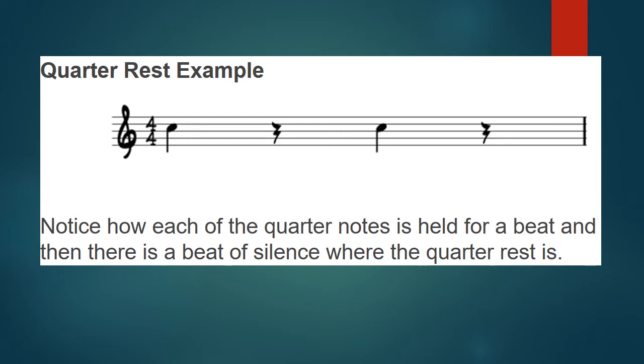Let's have a look at a simple example, a combination of quarter notes and quarter rest. Notice how each of the quarter notes is held for a beat, and then there is a beat of silence where the quarter rest is.